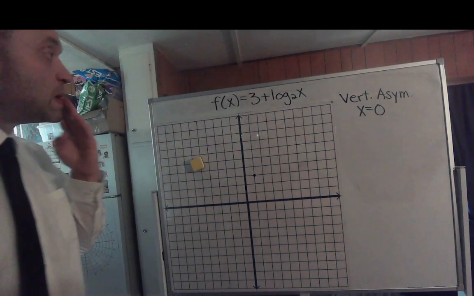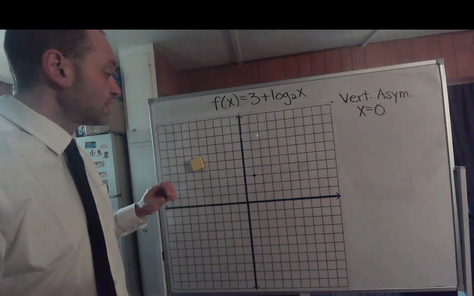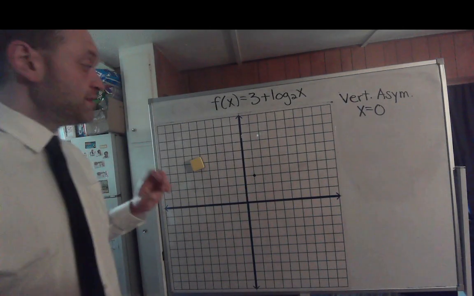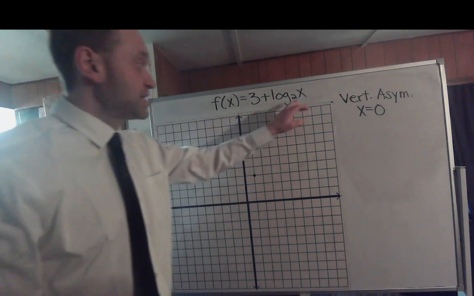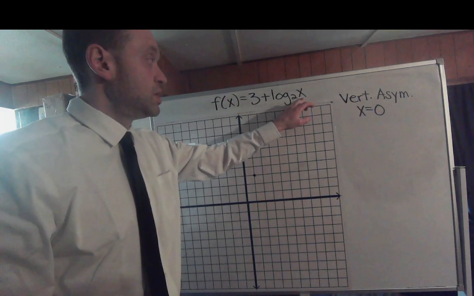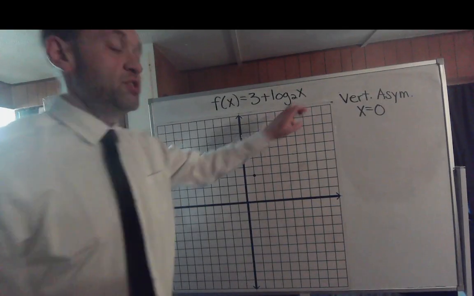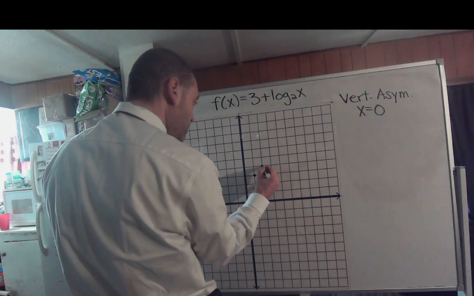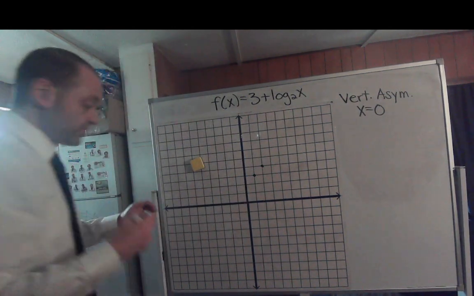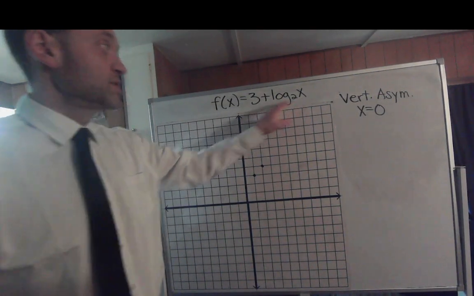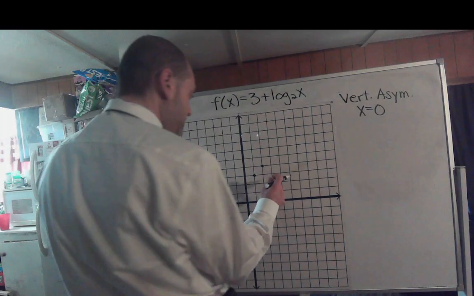Alright. Now, what about if I made x 2? If x is 2, that would be log base 2 of 2, which is 1, plus that 3 would actually give me 4. Now, if I made x 4, log base 2 of 4 is 2, plus 3 is 5.